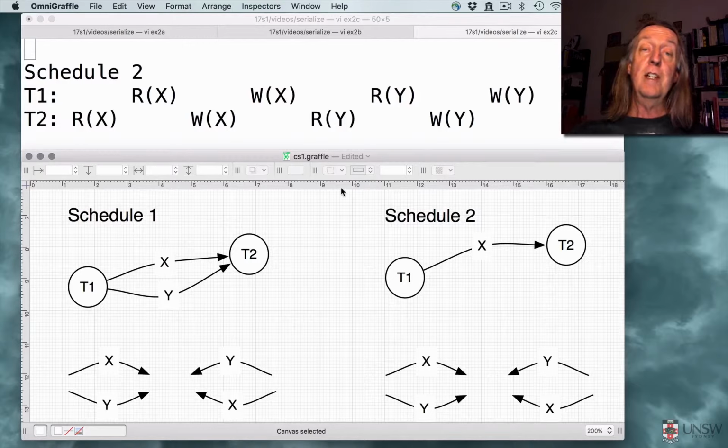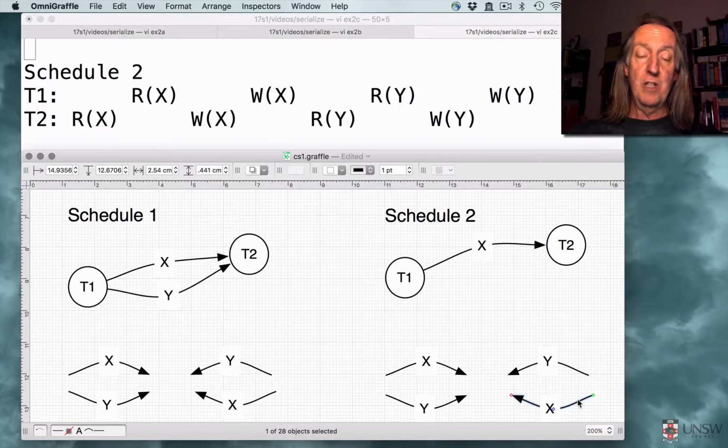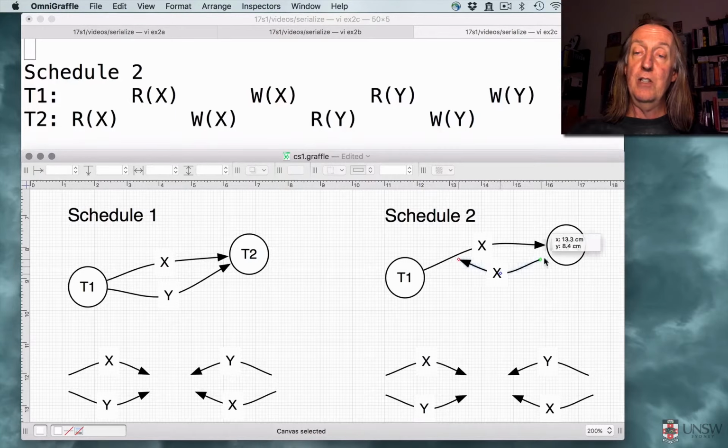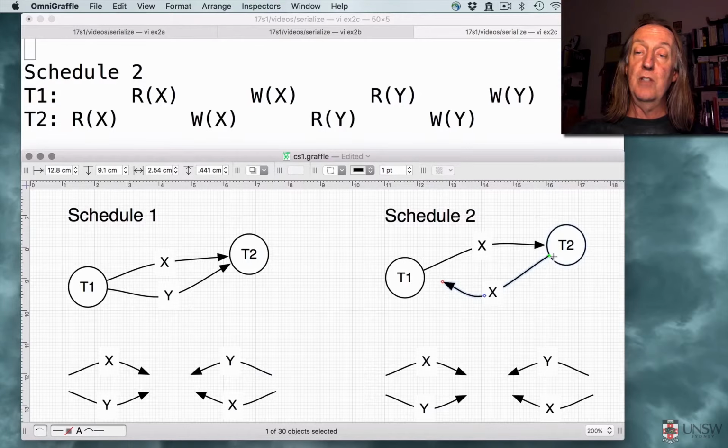The next thing we can look at is these two operations here, and we can see that there's a conflict there and there's also a precedence. So T2 manipulates X before T1 does. So we need to put an arc from T2 to T1 based on X, and that will give us this graph here.